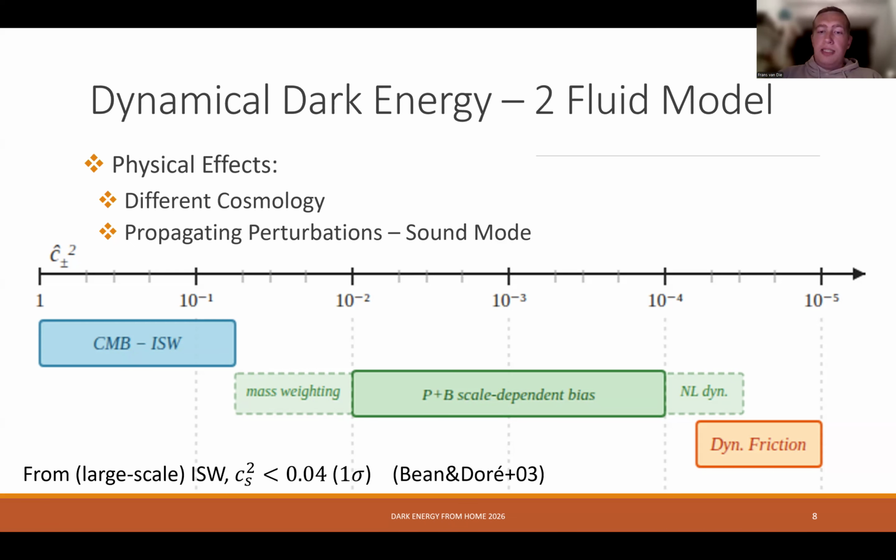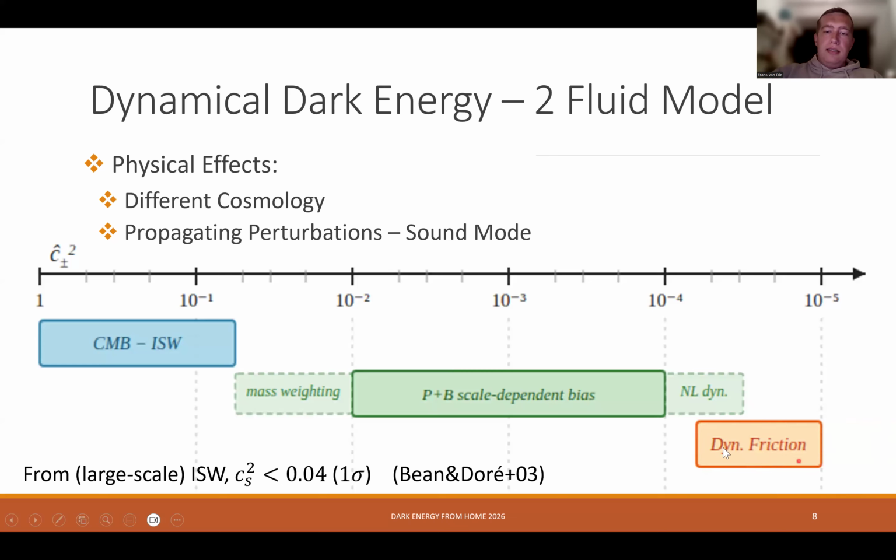If we lower the sound speeds, what we find is that we expect scale-dependent growth to be observable in some range of sound speeds. And if one goes to very low sound speeds, so really the limit on how low you can go, basically, we expect also a gravitational drag force acting on dark matter halos moving through this dark energy medium.